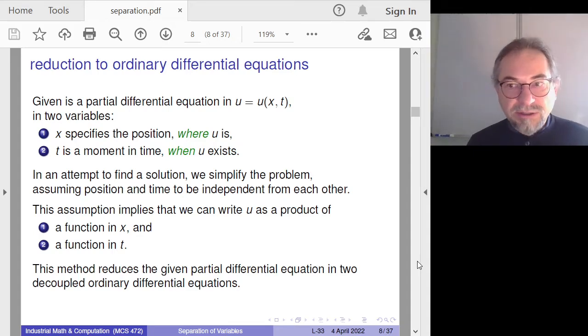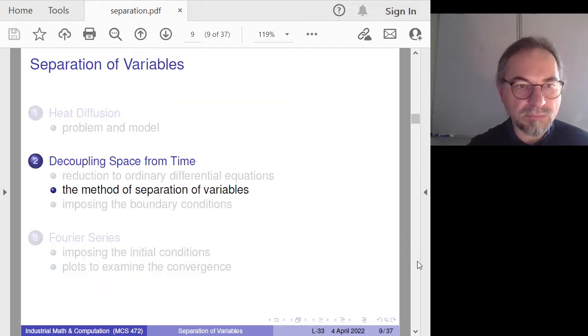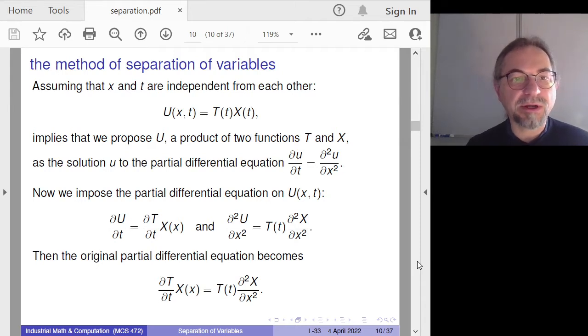We will see in the next slides that this will give rise to two ordinary differential equations, one in space, one in time. So that's then the application of the method applied.